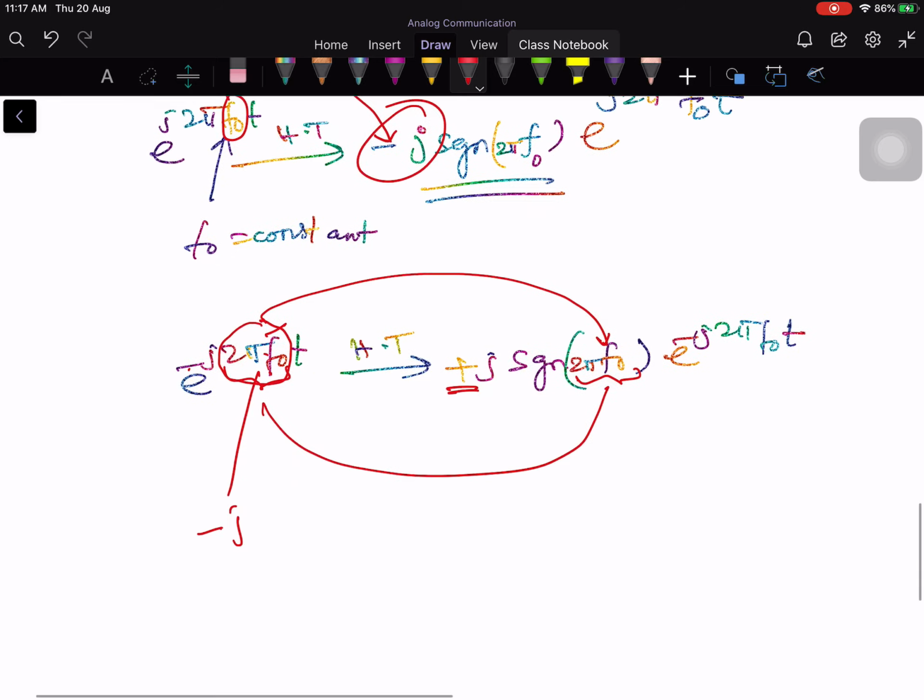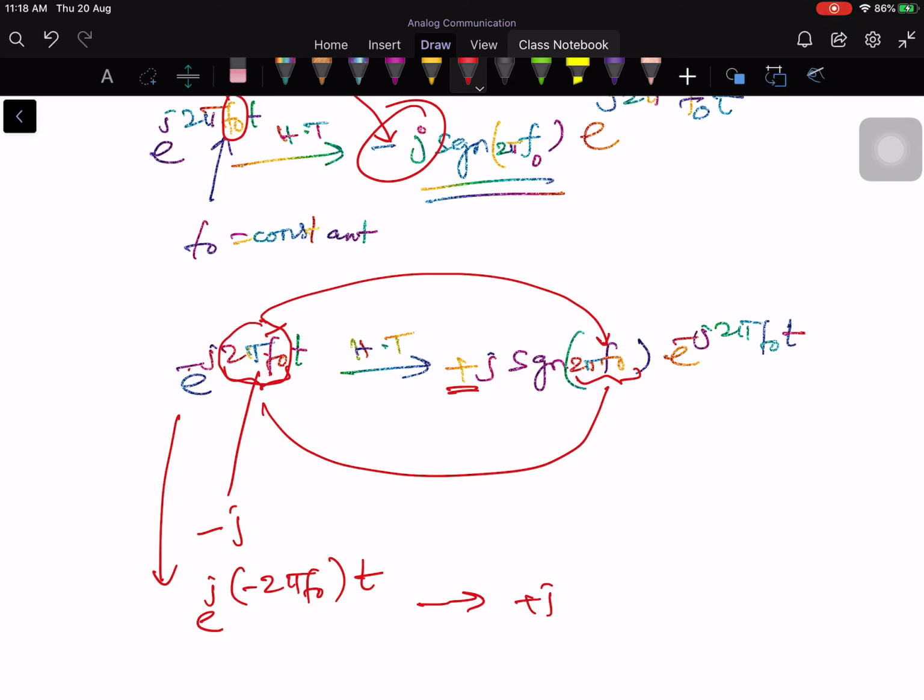In fact this I can write e to the j times minus 2 pi f naught into t. Okay, so therefore if you take this, then it becomes plus j signum of 2 pi f naught e to the minus j 2 pi f naught t. That's it, Hilbert transform.